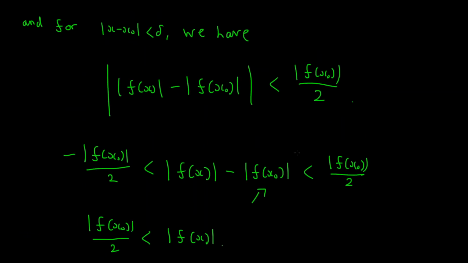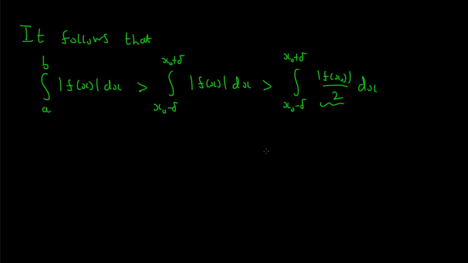We just evaluate the endpoints. This area is then just 2 delta, because that's the width of this interval, times the height of the rectangle. And the 2's cancel away. So we're left with delta times the absolute value of f of x naught. But delta is positive, and this term here is also positive, so this entire thing is positive.